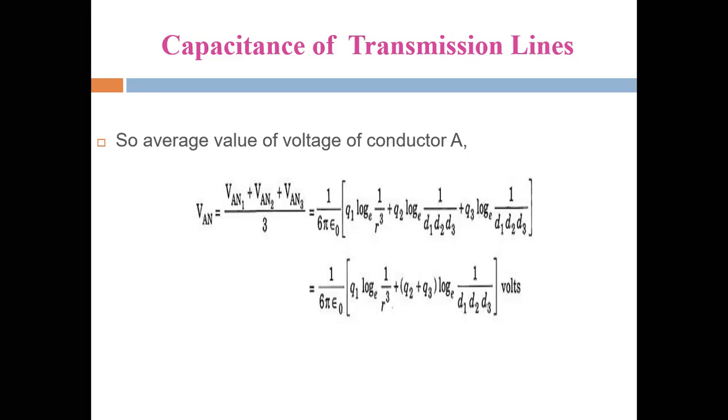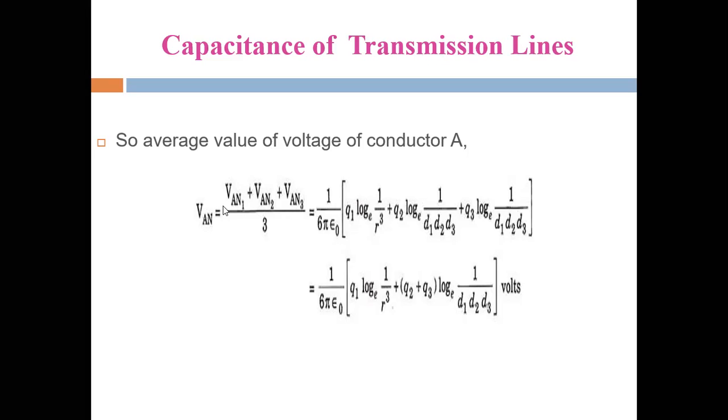By averaging these voltages, we obtain 1 by 6 pi epsilon naught into Q1 log e 1 by r cube plus Q2 plus Q3 log e 1 by D1 D2 D3. This is the average of the voltages of conductor A.